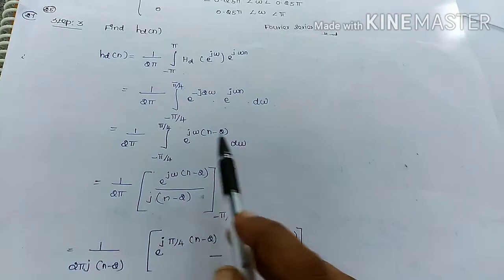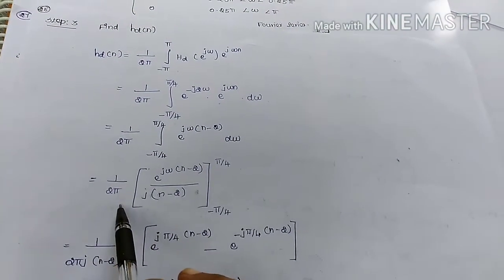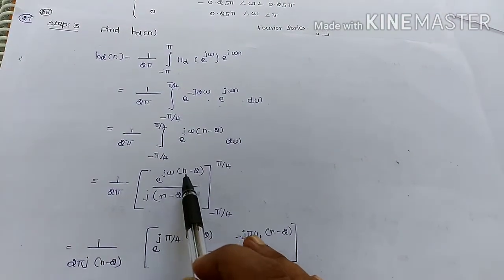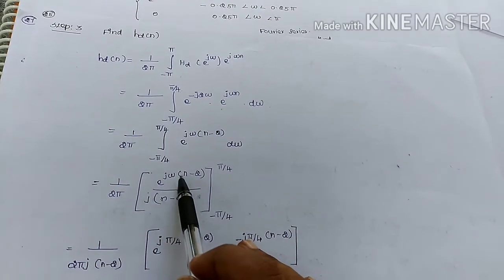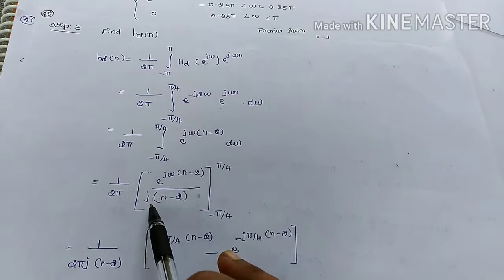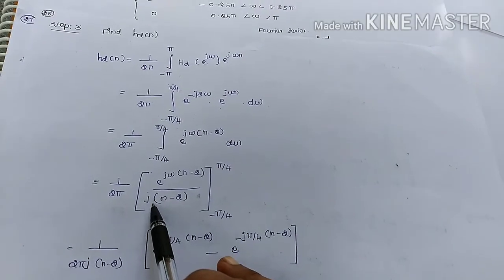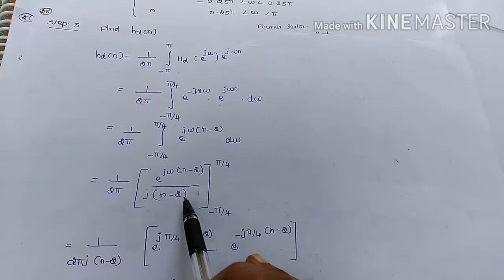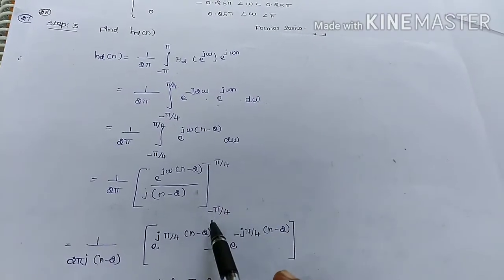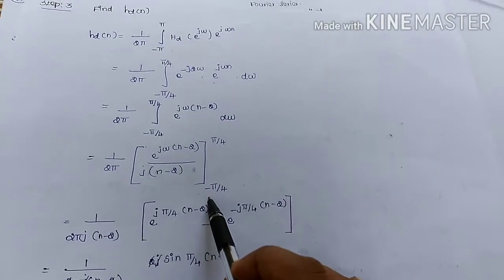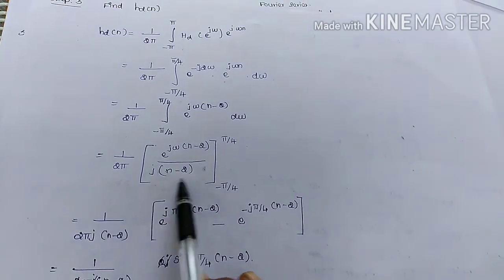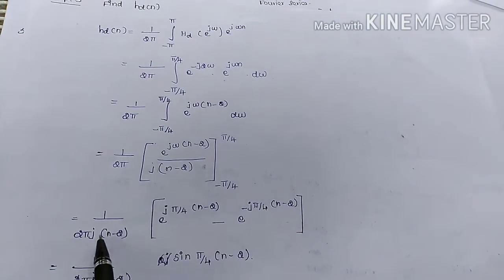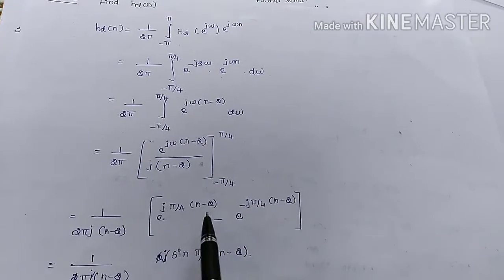Next is to integrate this. For integration, 1 by 2 pi, then e power j omega (n minus 2). Integrating this, I will get e power j omega (n minus 2) divided by the constant terms in the denominator, j into (n minus 2), with limits pi by 4 and minus pi by 4. So I substitute my limits. 1 by 2 pi j (n minus 2) is constant.